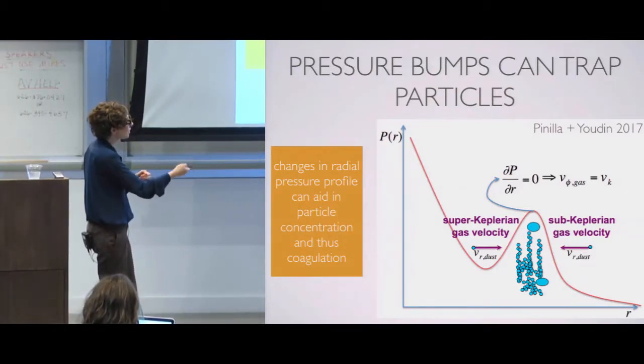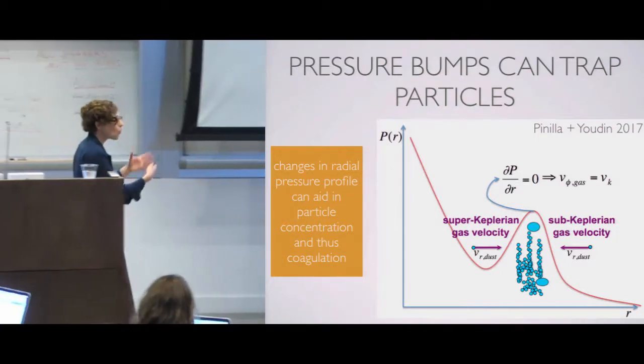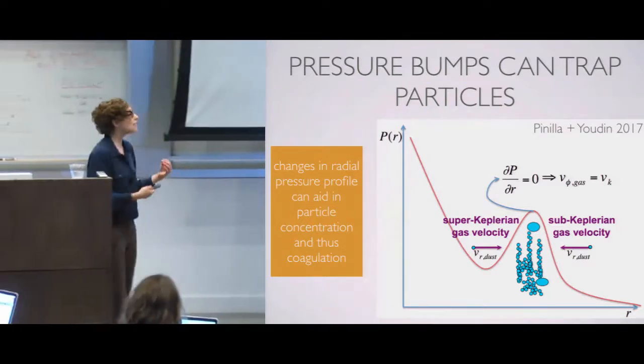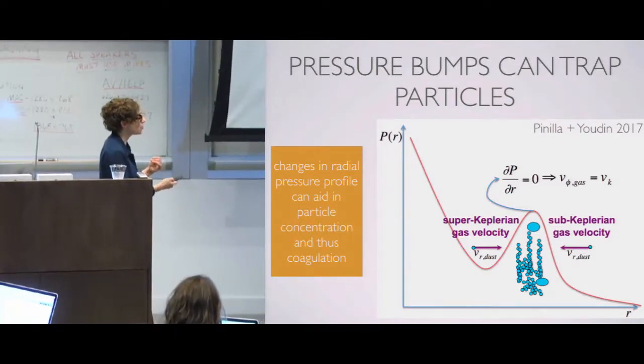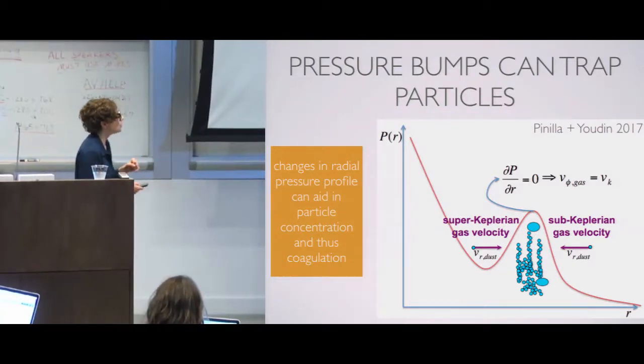And so we can get these clumpy regions where we get extra density of particles. We go way above that standard 100-to-1 ratio we started out with. And this can really help coagulation models, because we get more particles in one region to collide and grow.